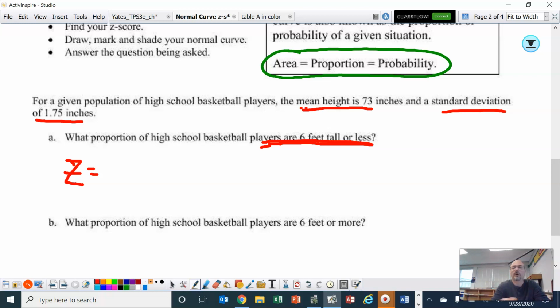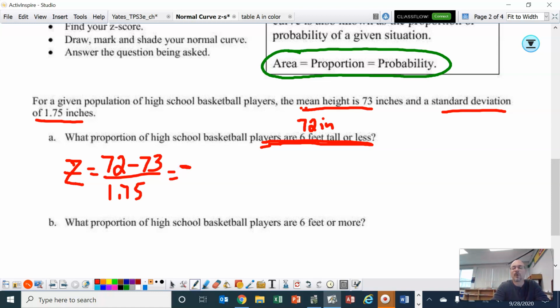So 6 feet would be 72 inches. We're going to take the 72 minus the mean, which is 73, and divide it by the 1.75. That's going to be -1 divided by 1.75, and that's going to be negative.